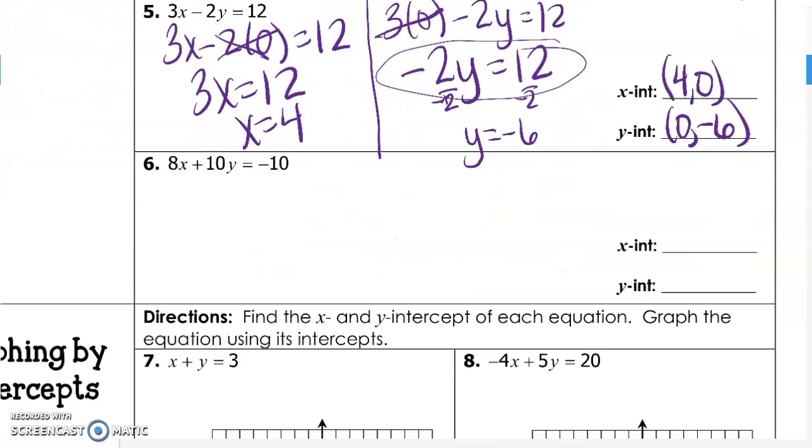Again, for number 6, for the x-intercept, you're plugging 0 into here. So that's just going to make it go away. So 8x equals negative 10. If you don't feel comfortable with that, you can take the full step and do 8x plus 10 times 0 equals negative 10.